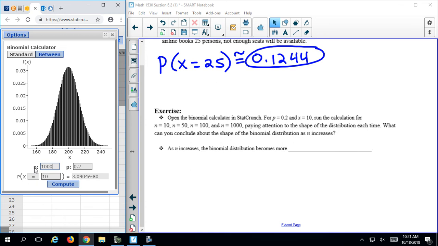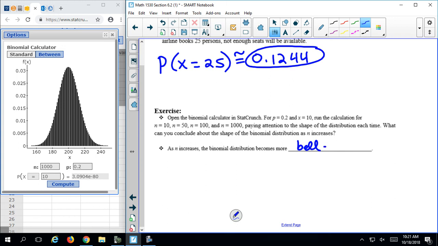So as n got bigger, what happened to the distribution? It went from skewed to bell-shaped, right? The higher n is, the more bell-shaped, or the closer it will get to a perfect normal distribution, right? So as n increases, the binomial distribution becomes more bell-shaped, or you could say normal.